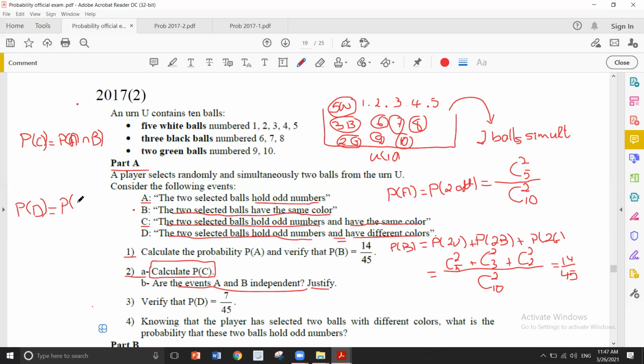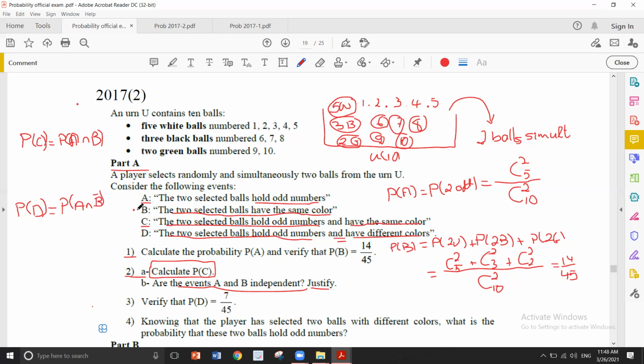Odd numbers is A. And the intersection? B bar, different colors. How to calculate the probability of A intersection B bar?